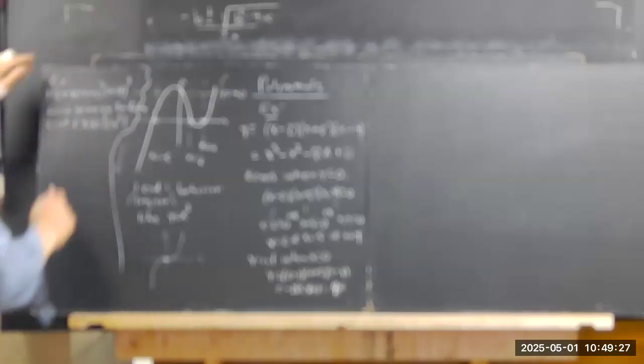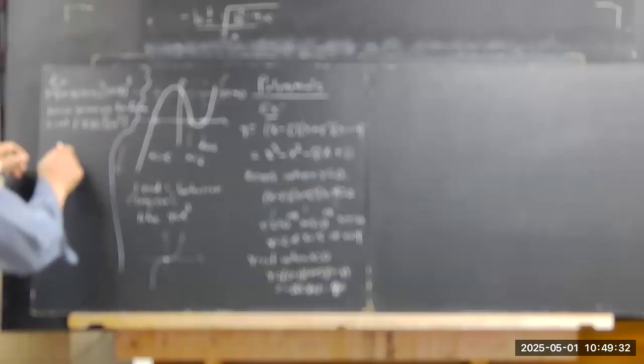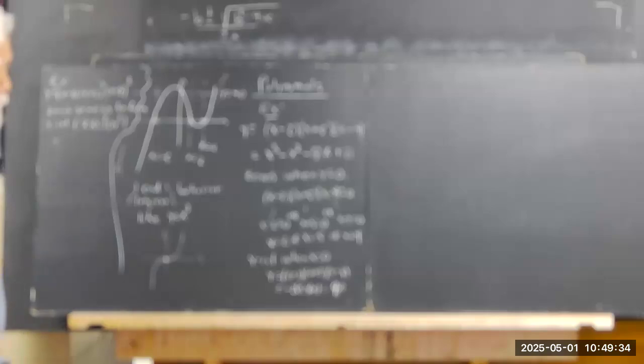And look at what I've got myself into. I've got a -4 cubed. I've got to multiply that out.